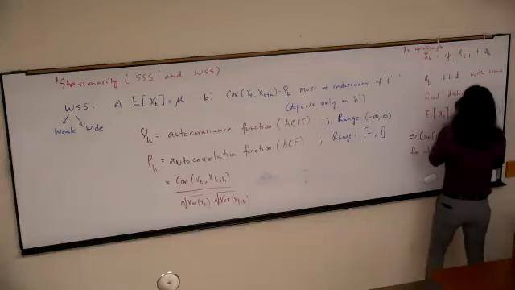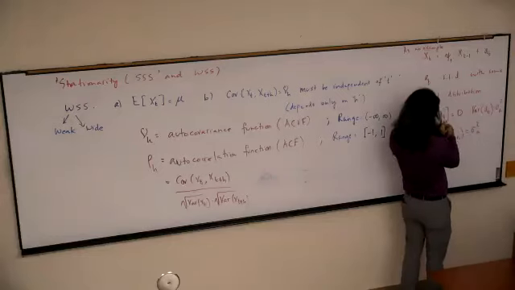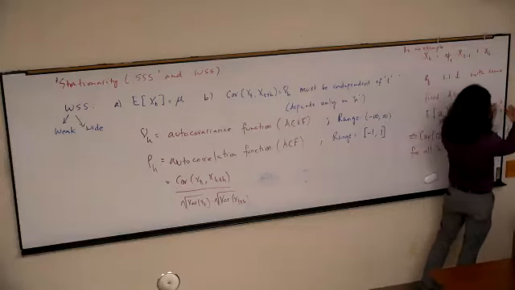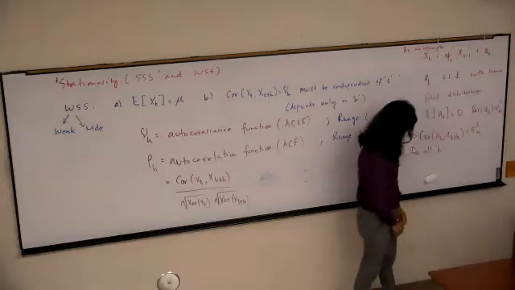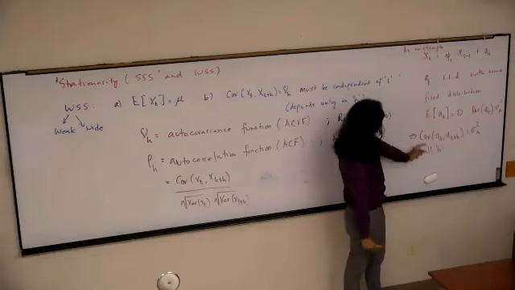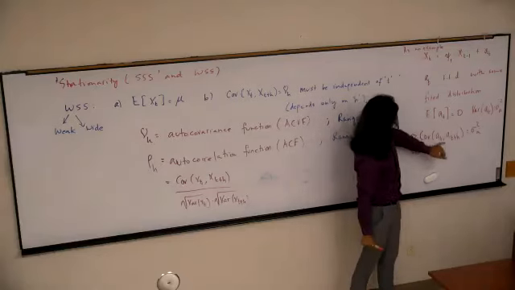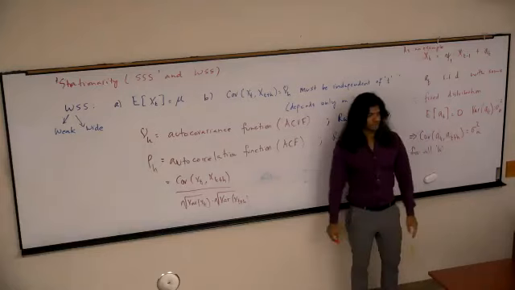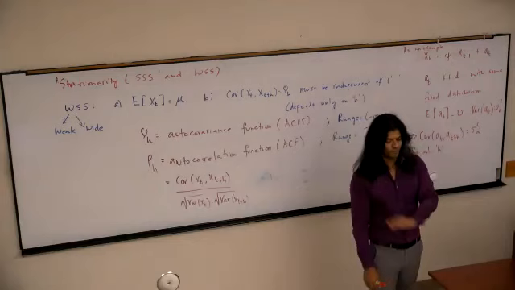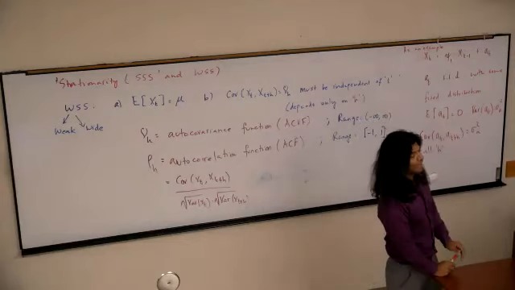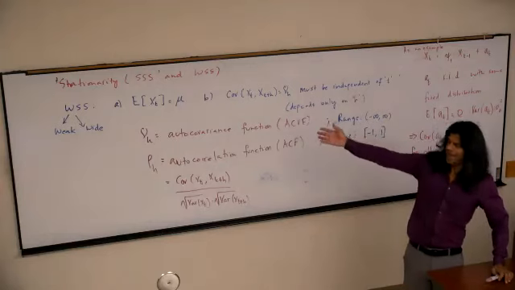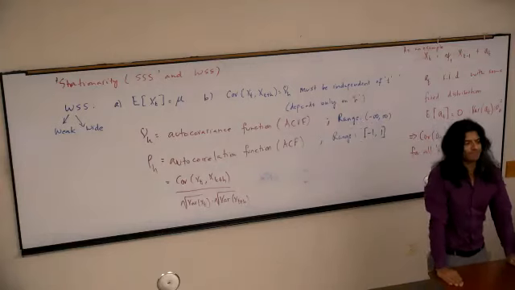Having said the expectation of this random variable is 0 and the variance of the same random variable is equal to sigma squared a, I'm going to argue that the covariance of at, comma at plus h, is equal to sigma squared a for all values of h, under that condition.